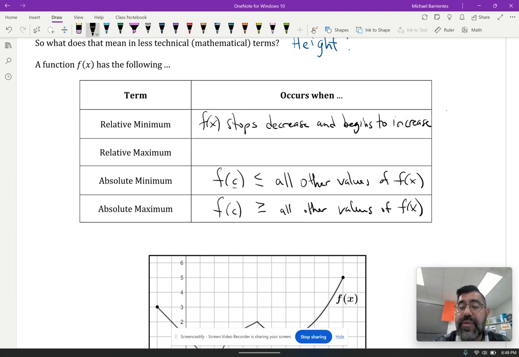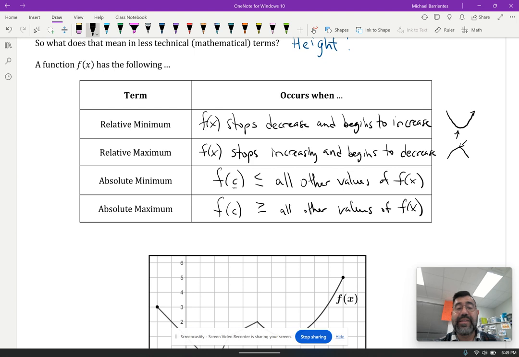If a function is going down and then it starts to go up, well, then this is the relative min. Similarly, if a function stops increasing and begins to decrease, well, then there is the relative max point.